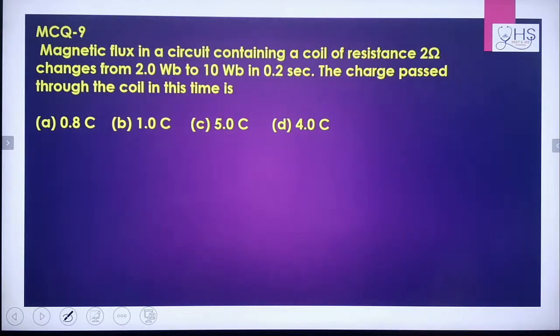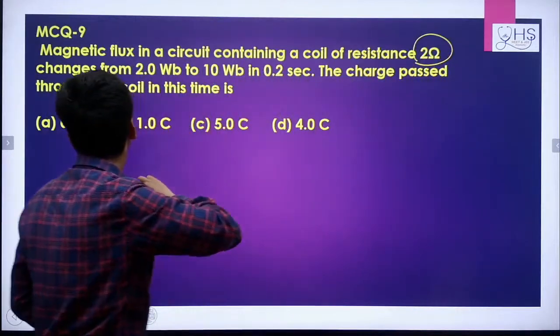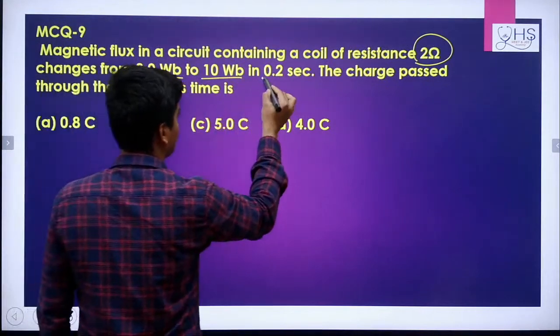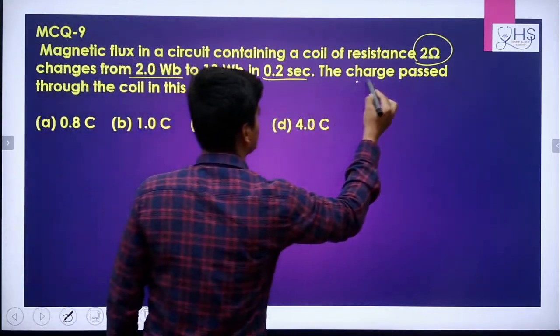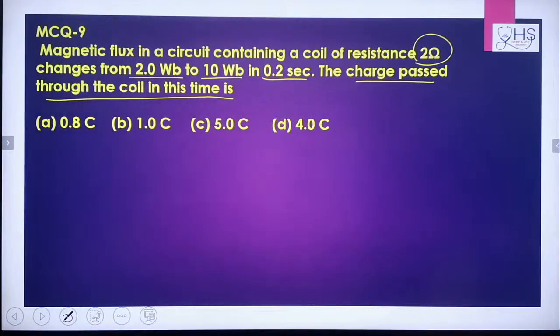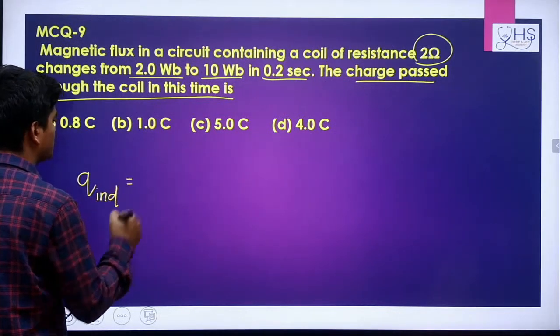Magnetic flux in a circuit containing a coil of resistance 2 ohm changes from 2 Weber to 10 Weber in 0.2 second. Now the charge passed through the coil in this time is what? The charge means that is induced charge. So definitely you have to go for induced charge. So what is the induced charge here?